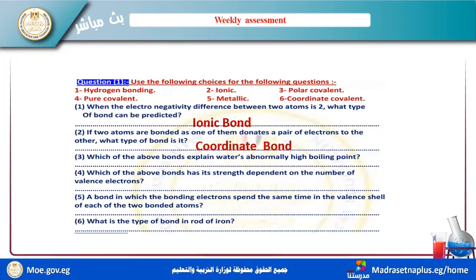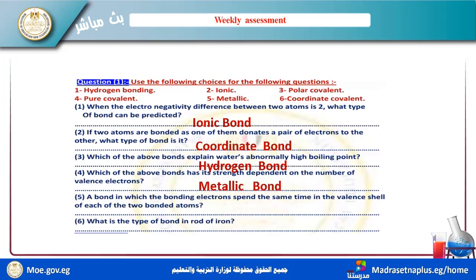Number 3: which of the above bonds explains molecules with abnormally high boiling points? It is the hydrogen bond. Which of the above bonds has its strength dependent on the number of valence electrons?